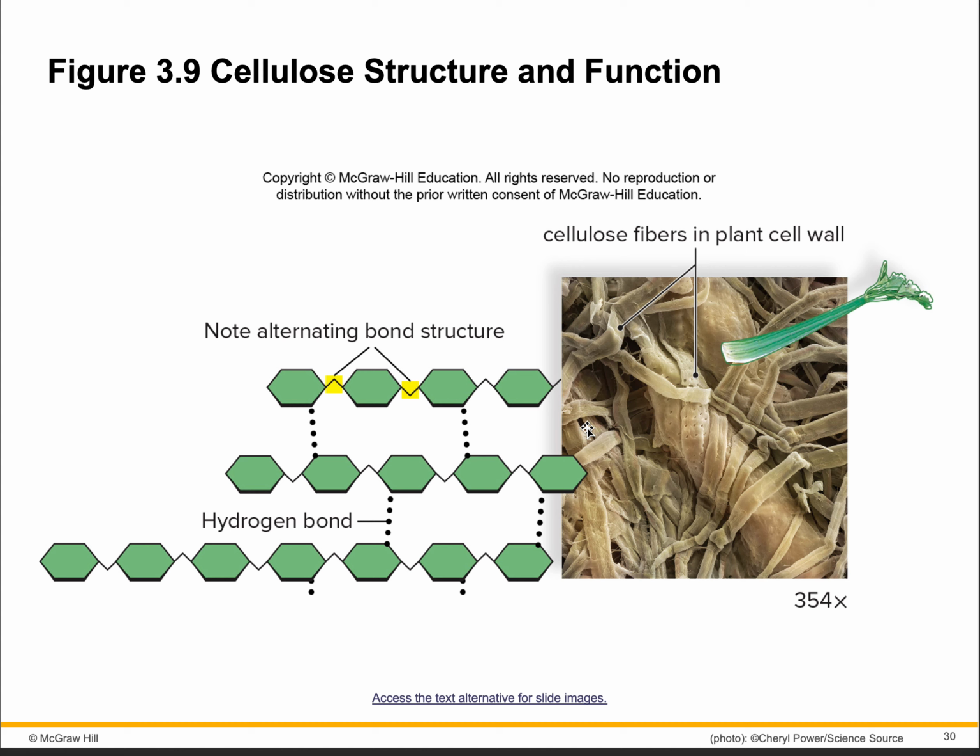Same thing with mango. If you eat mango, it's super, super fibery. Other things too could be like wood. Wood is super fibery, and cotton. Those things all have cellulose. So cellulose is very, very fibrous, and it is found in the plant cell wall. It's an example of a polysaccharide.